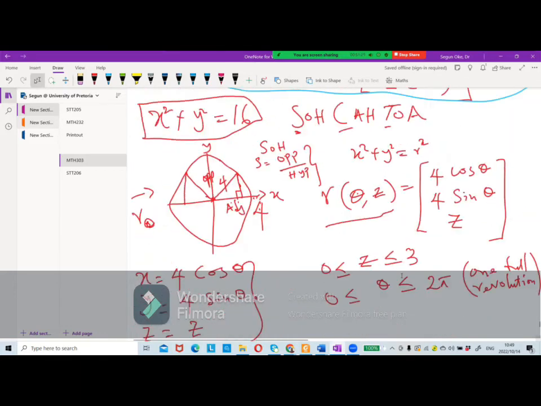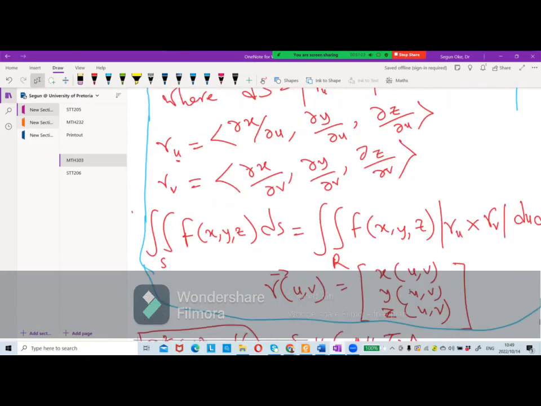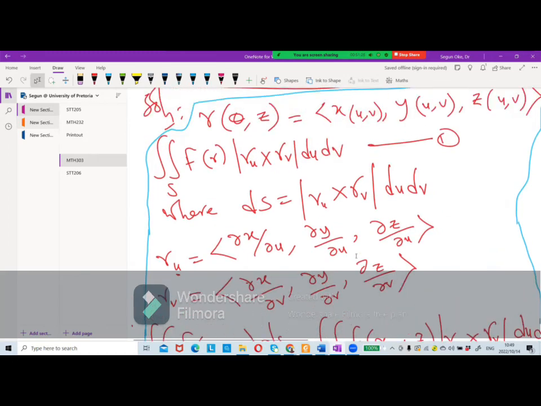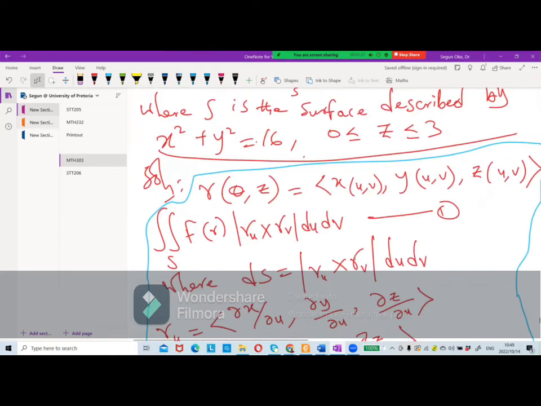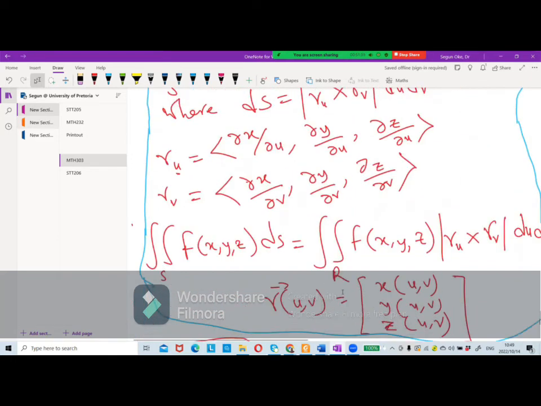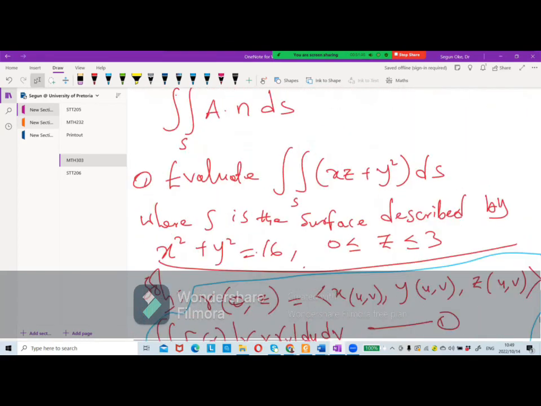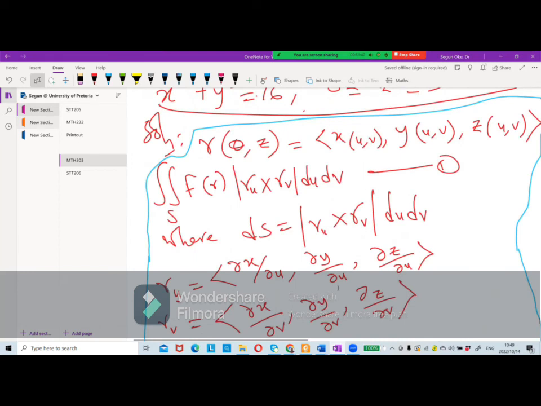Are you getting it? Yes, sir. So these are just explanations. If you want to write your own formula now, there is a way. If I ask you, how do you write your own formula using theta and Z? How do you write it?